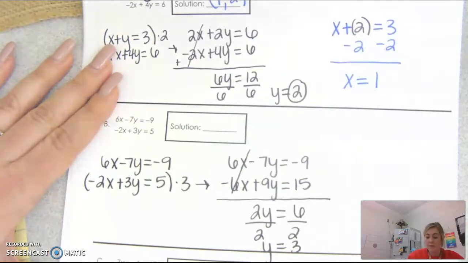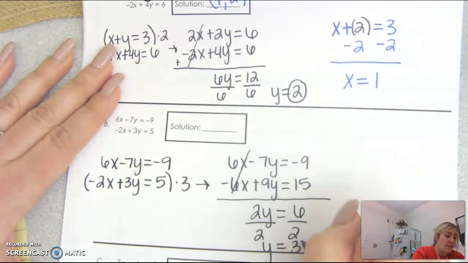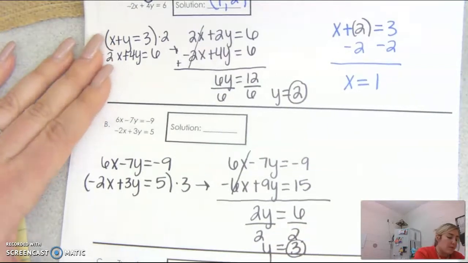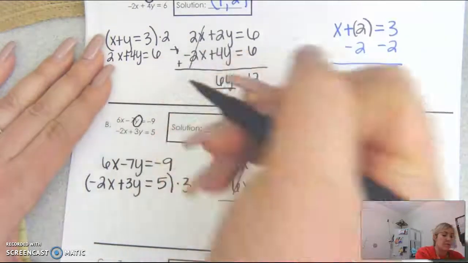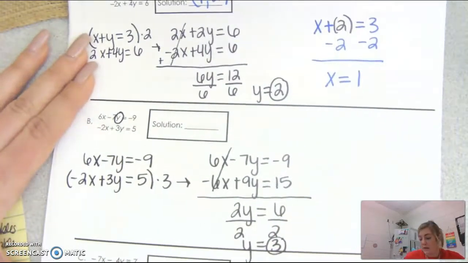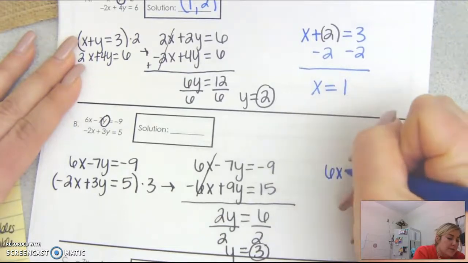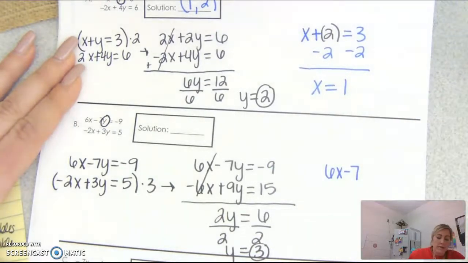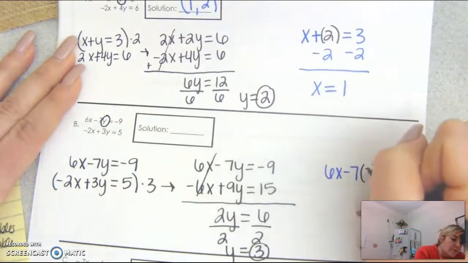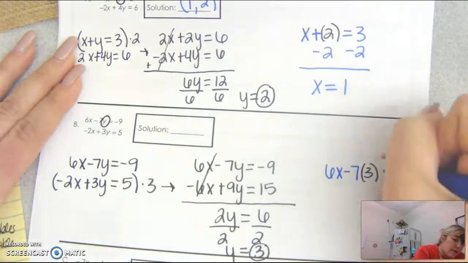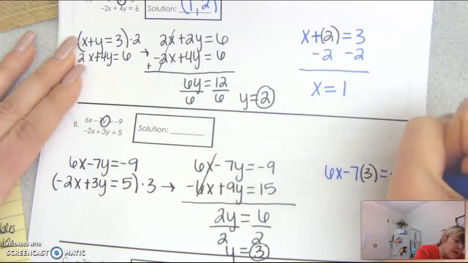So now, just like we've been doing, I'm going to take what y equals and plug it in for y. Let's just stick with the top equation. So I'm going to plug it in for y in the top equation. So I have 6x minus 7, and instead of y, I'm going to replace it with the 3, and then equals negative 9.